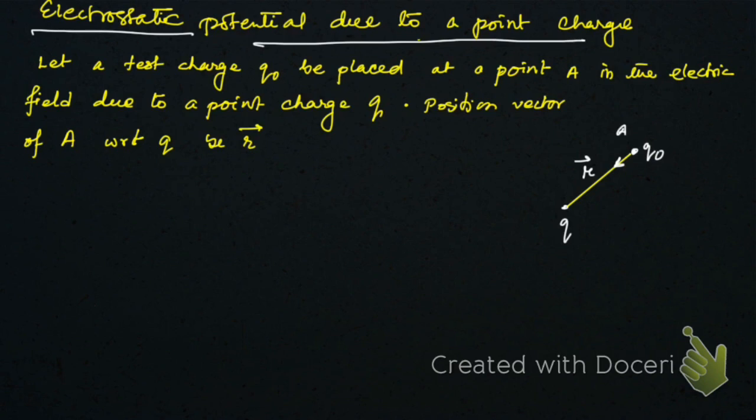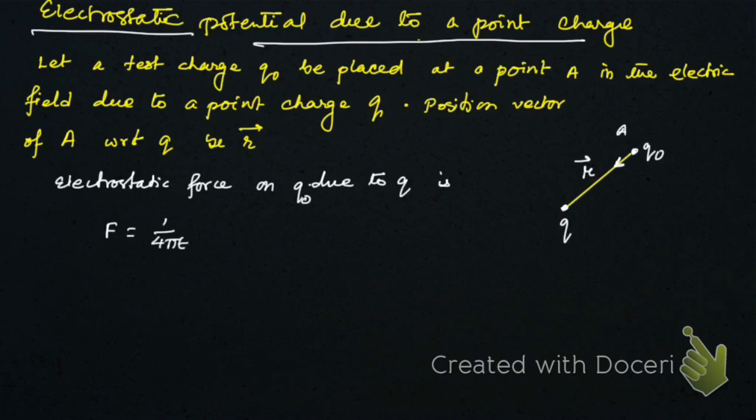Before that, let me tell you one more thing. The electrostatic force on Q naught due to Q is given by F is equal to 1 by 4 pi epsilon naught Q into Q naught by R square. This is given by Coulomb's law, right?